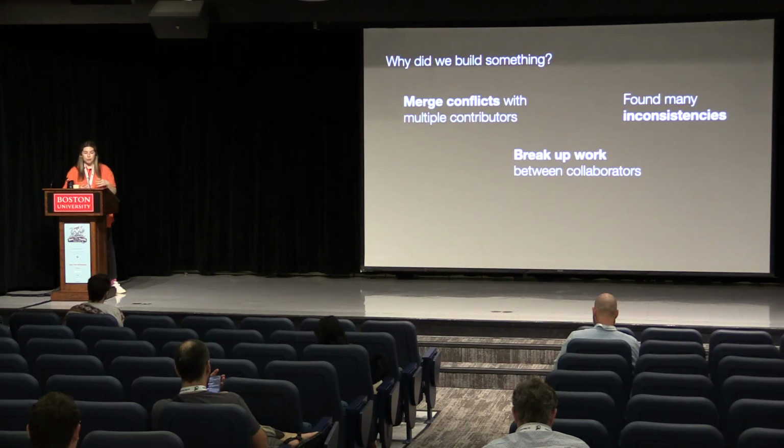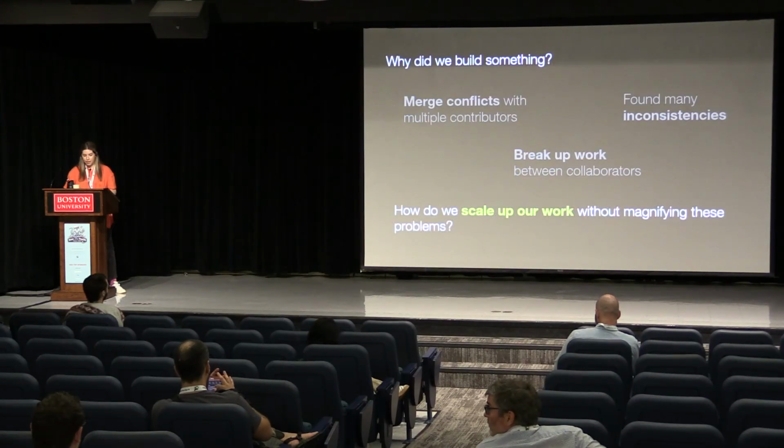And if several people are editing the same file, it introduces a lot of merge conflicts. It's hard to untangle what your PR is meant to do versus someone else's. It leads to inconsistencies, and it's a little hard to break up work when you're all editing the same file at the same time.